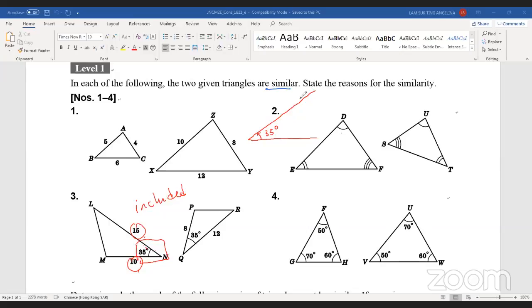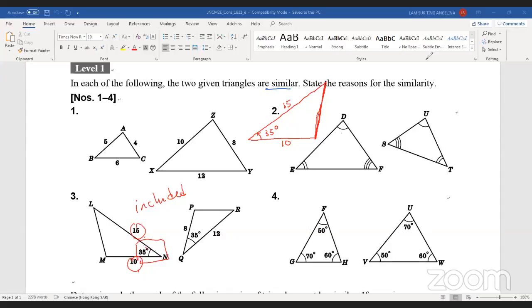Now if I keep these two lengths fixed, if I have this one 15, and this one 10, or maybe a bit longer in proportion, then you will find that you must have this line so that you will get a triangle, right?